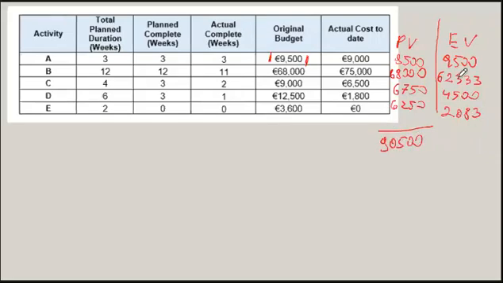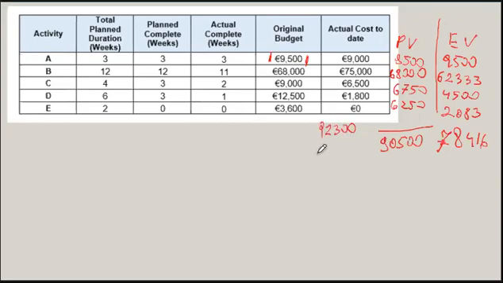Earned value, on the other hand, is $78,416. And also actual cost comes to 92,300.